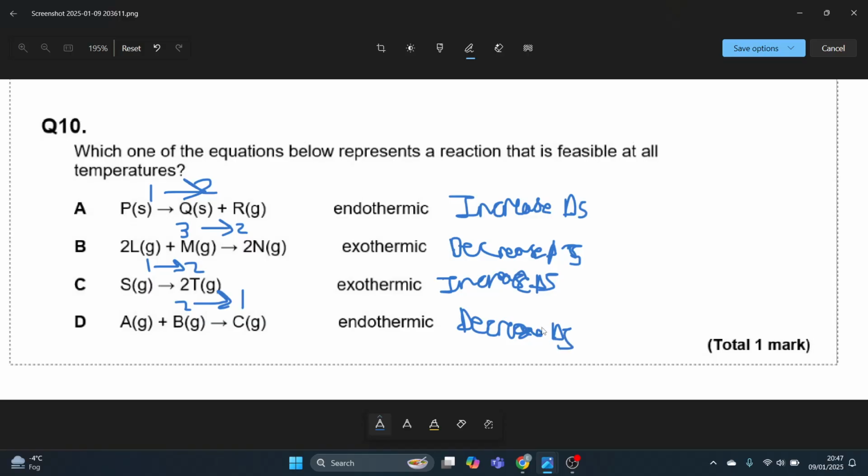Now, if I know that it's an endothermic direction and that there's an increase in entropy, what I would have done is learn all of those key things off by heart. If delta H is positive, what will happen? And delta S is negative, positive.